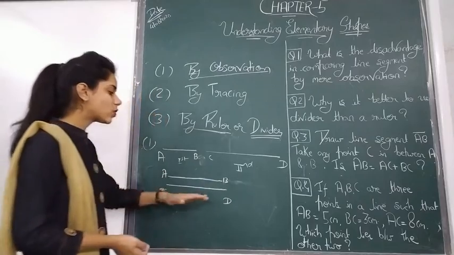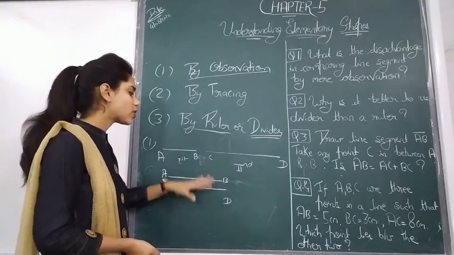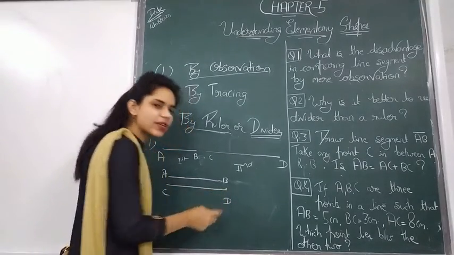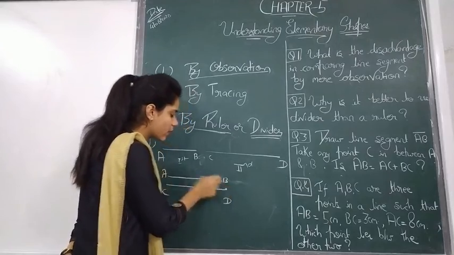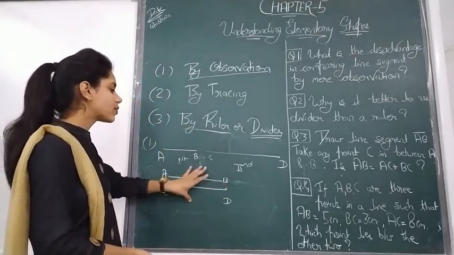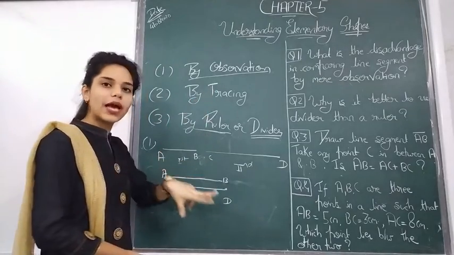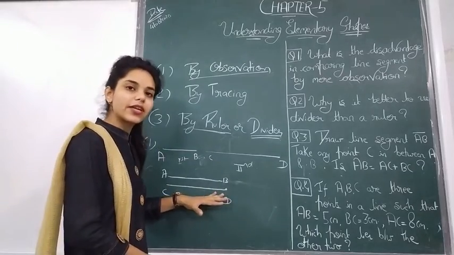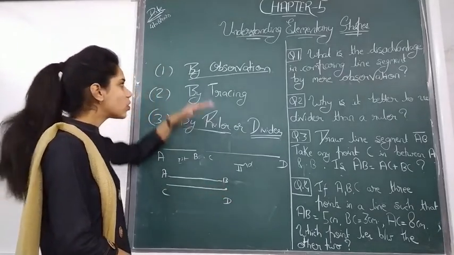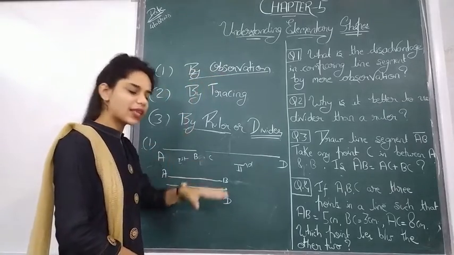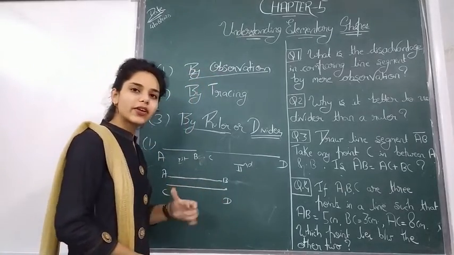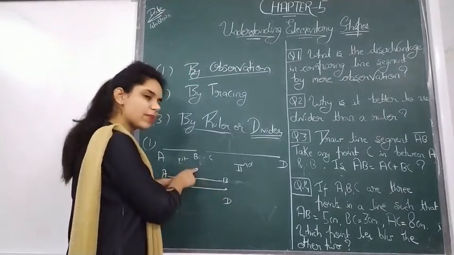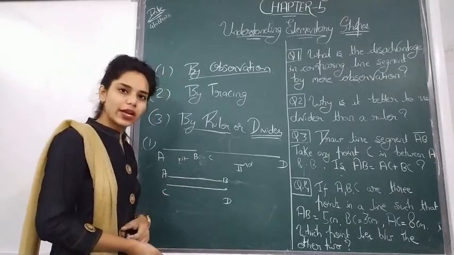You can observe these two lines are approximately equal, but CD has a difference of a point unit from AB. So there can be a non-accurate result if we observe two lines like this. Understood? So by observation we can measure them, but it can give us a non-accurate result, because in this case you can see that this line is a point unit bigger than AB.